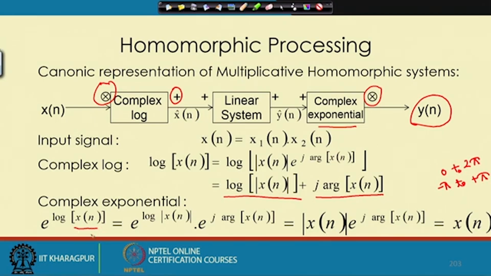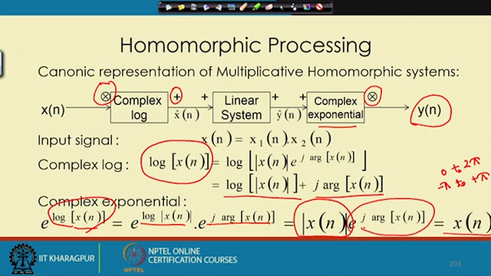We can write the complex log into two parts, the real part and the imaginary part. The first part gives the absolute value, mod x, and the next gives the angle part of it, and together they give us x n.